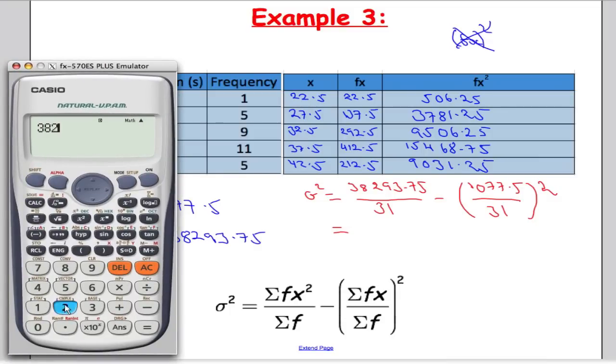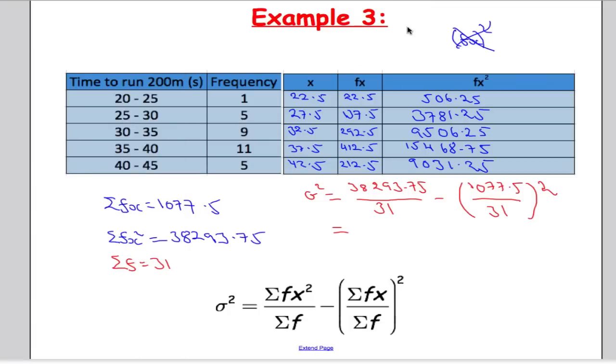So 38293.75 over the 31, and we need to subtract 1077.5 over 31, closing the brackets, squaring my answer, equals, and we get 27.1, say 27.2 to 3 significant figures.